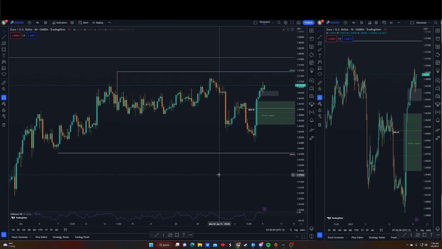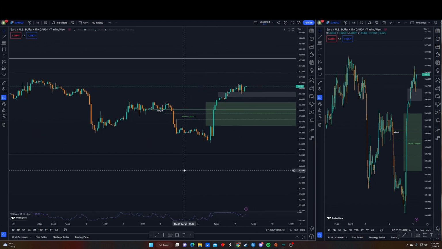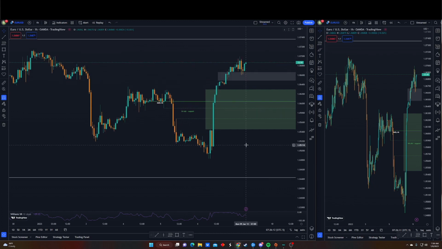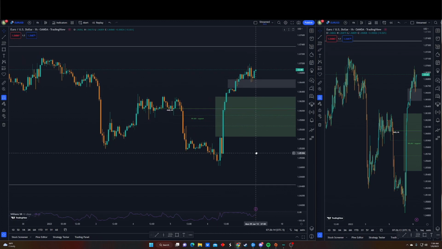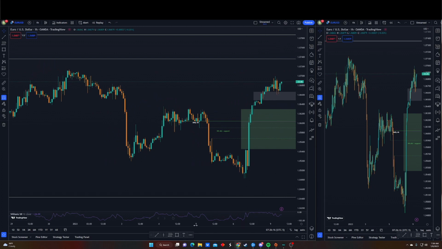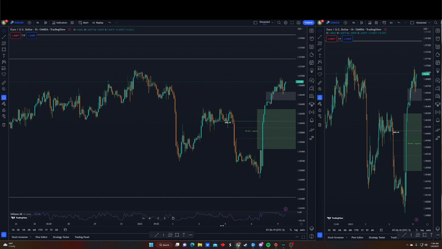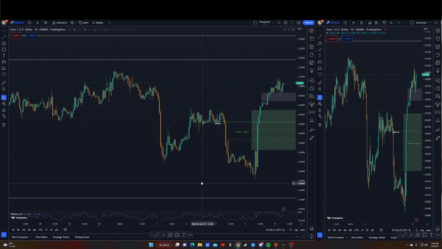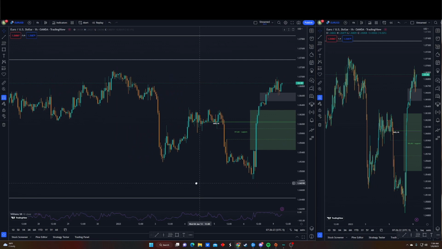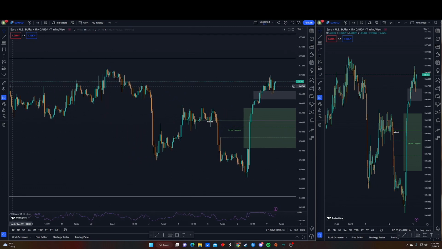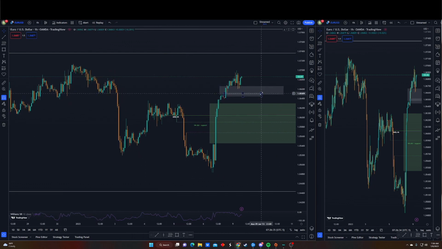All right. Let's go into the 1 hour. Choppy price action. It's kind of been sitting around. Technically, an hourly right there. I wonder if we'll get in there. That's interesting.